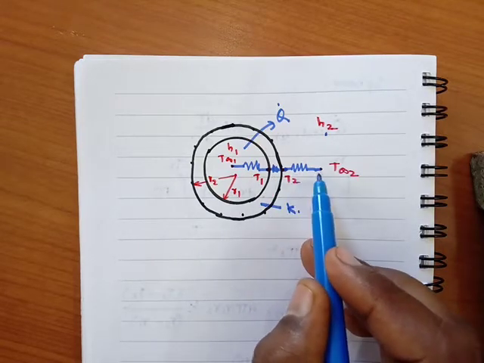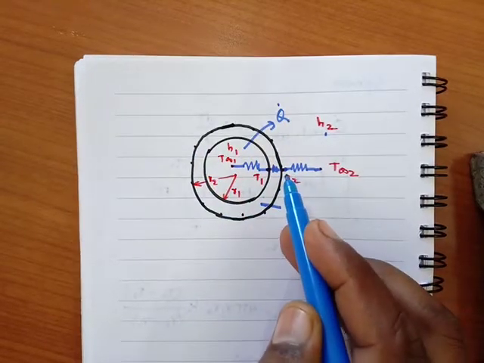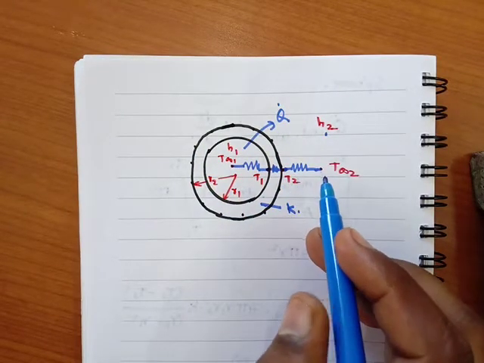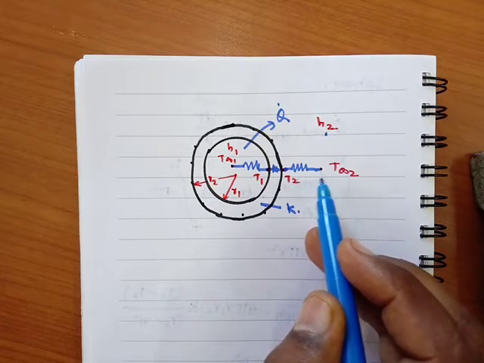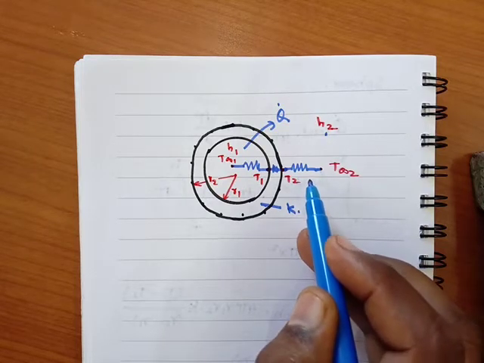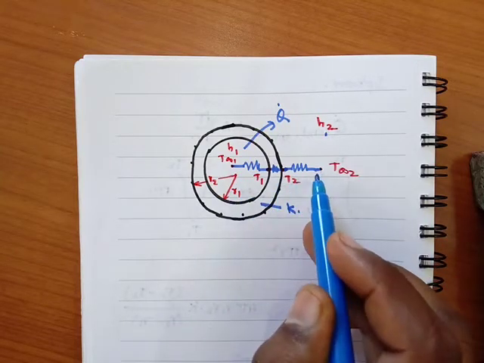And the next one, the surrounding fluid flowing over this cylinder, that means there is convection heat transfer, a heat resistance is offered by the surrounding material to transfer the heat, and this is thermal resistance by the convection. So that means there are the three resistances.